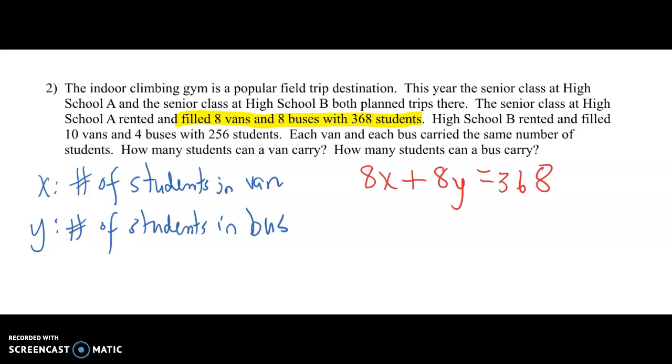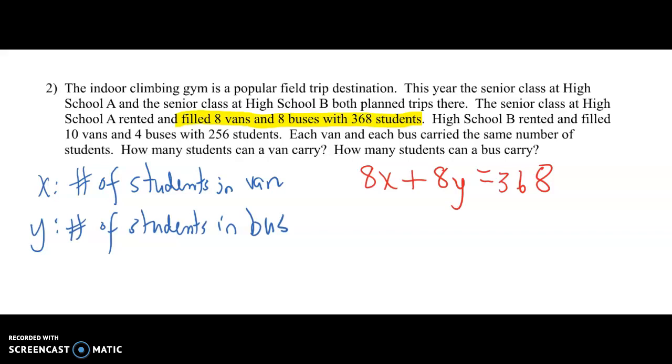So we're going to do 8 times X for the 8 vans full of kids, 8Y representing the 8 buses with the number of students in each bus, and that equals the 368 students total. So there's one equation for our system.